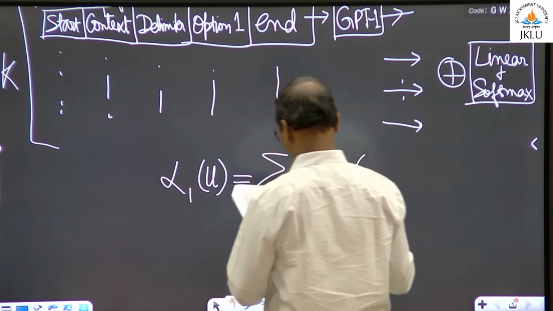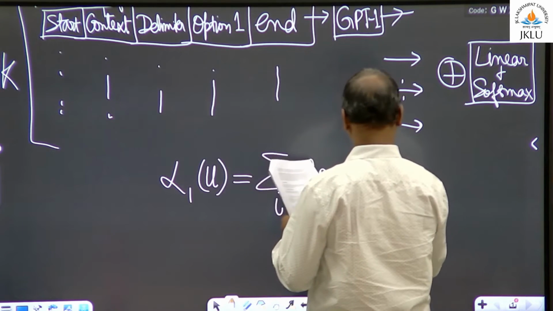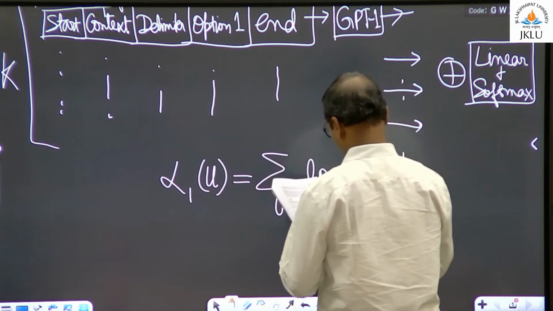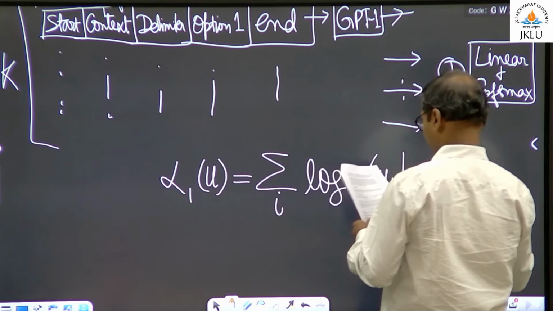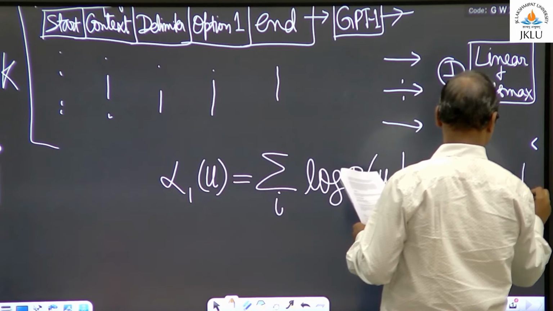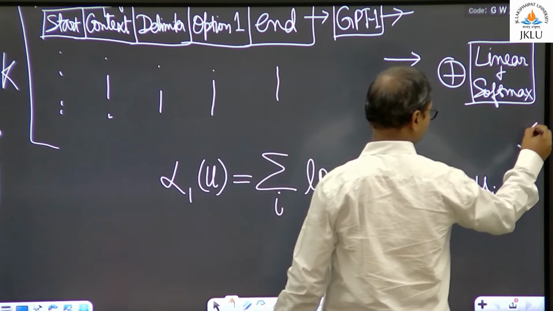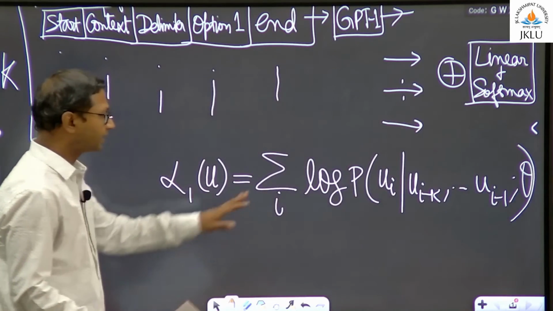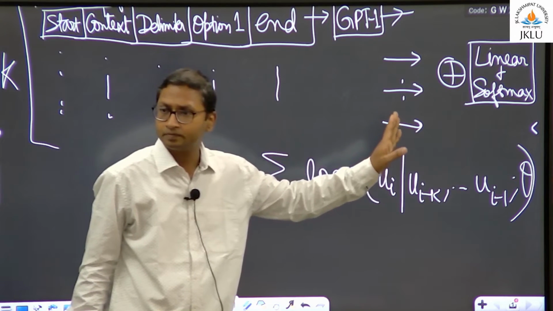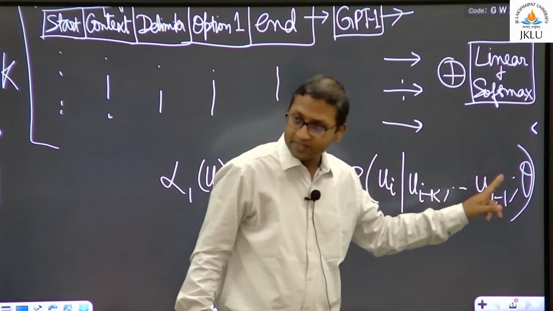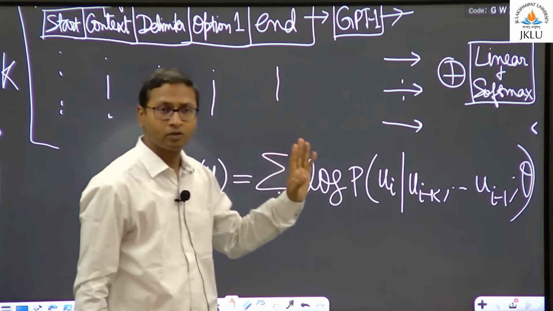Log probability of u_i, okay, I am just following the paper's notation. So this is what it is. We are just computing the probability of my ith token given previous k tokens, and we are doing it for all the things in the corpus.